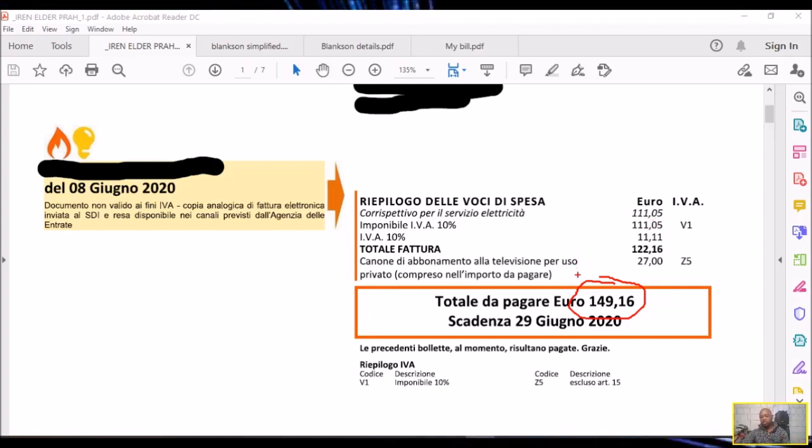Now this bill has a total of 149 euros, but in reality it was supposed to be less than that.